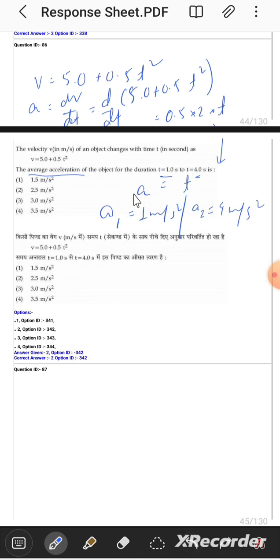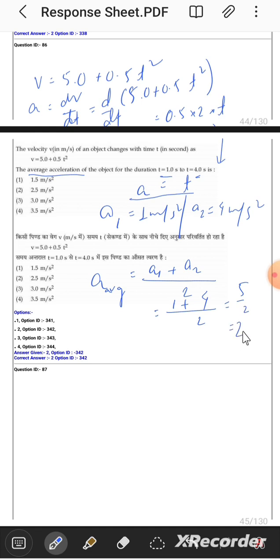According to this equation, a equals t. So the average will be equal to (a1 plus a2) by 2, equals (1 plus 4) by 2, equals 5 by 2, equals 2.5 meter per second square.